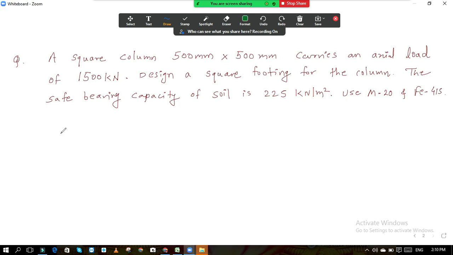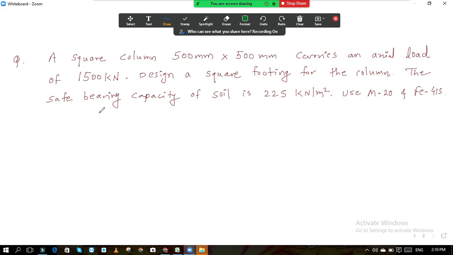First is the load calculation. We have to estimate the total load, that is, what is the total load coming on the footing. Imagine the footing in front of your eyes. Tell me which types of loads are acting on the footing except the soil pressure.